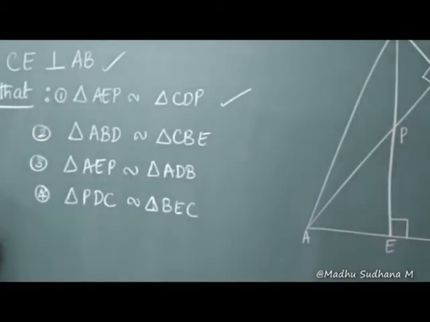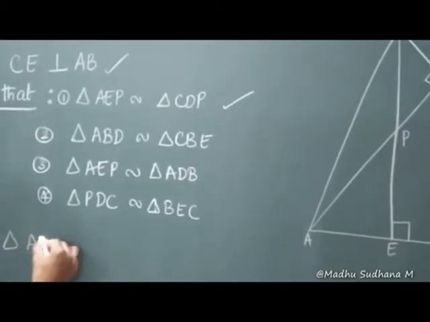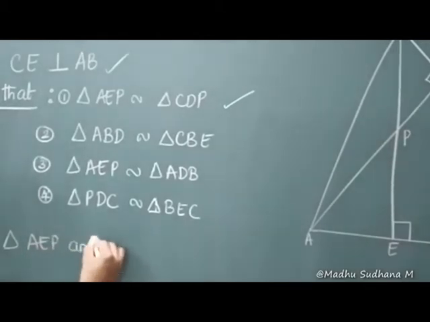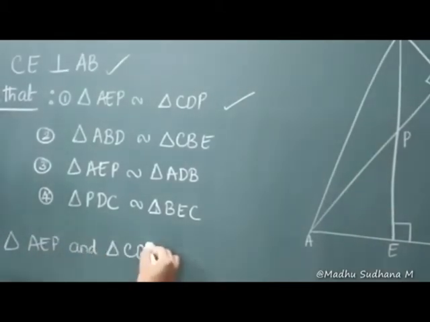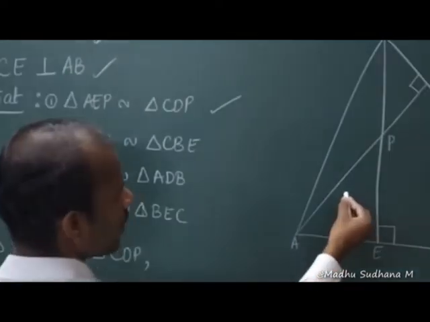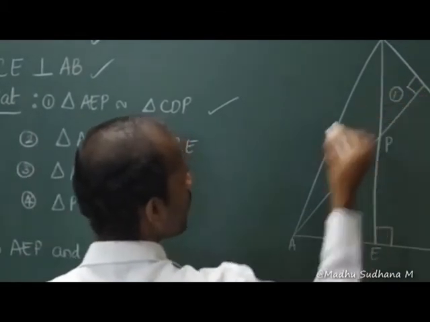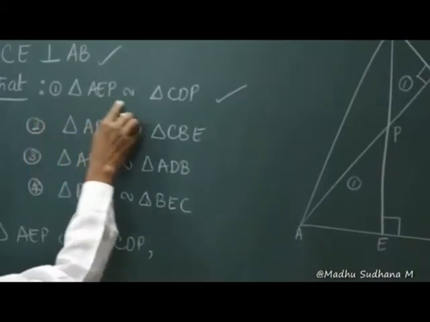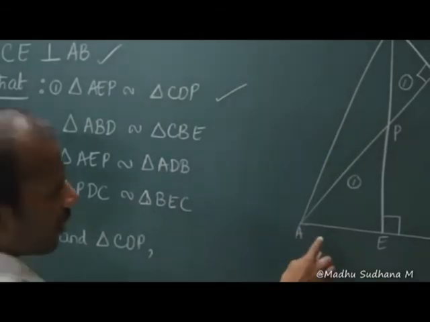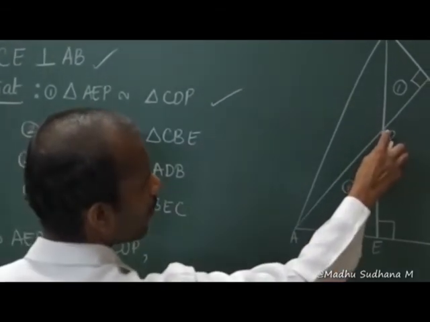So in triangle AEP and triangle CDP, where is AEP? This is under consideration, right? Let me write this is 1 and this is 1. So in triangle, let me start with this intersecting point P here.